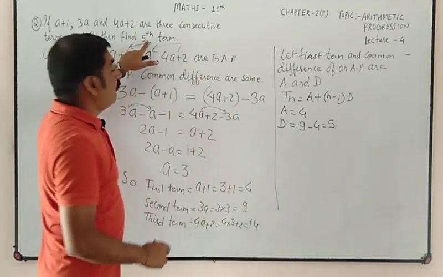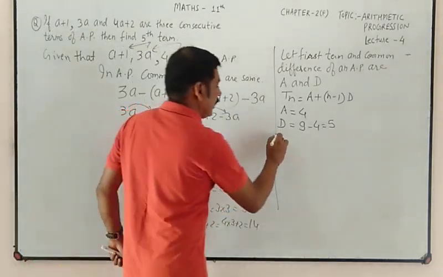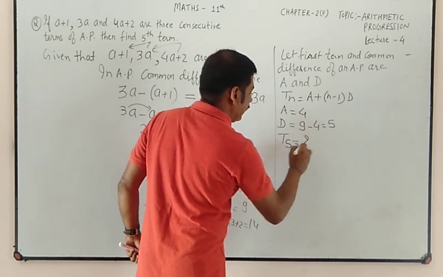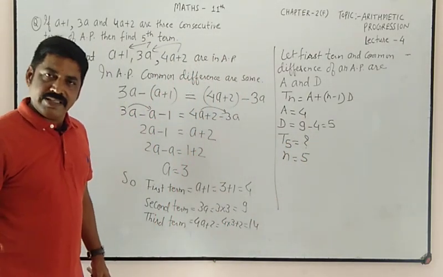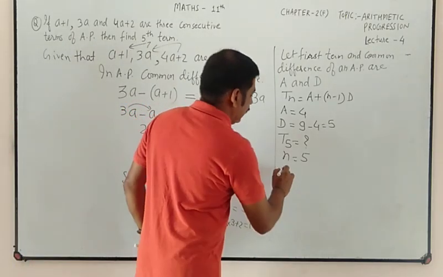What we have to find? Fifth term, that means T5 we have to find. So it is clear that n is equal to 5.